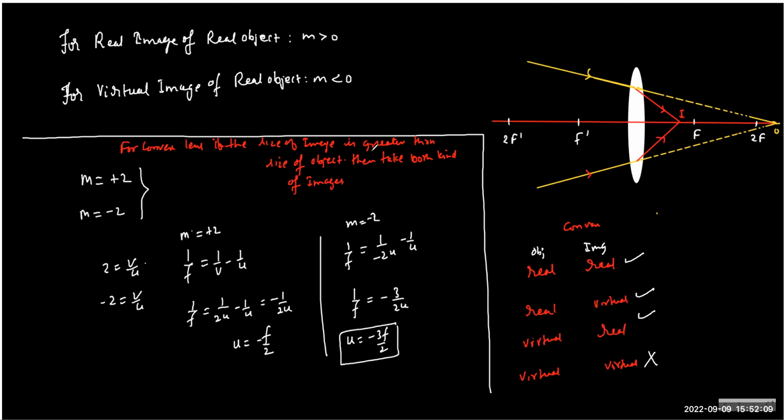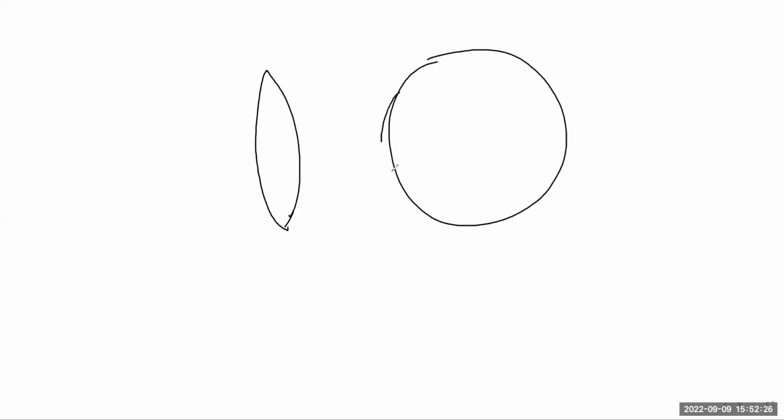Okay. For those objects which are nearby, because from the nearby object, what happens? If the object is kept nearby, so if you try to read a newspaper in the morning, let's say your grandfather is trying to read a newspaper in the morning, the light ray will come like this from the newspaper, correct?